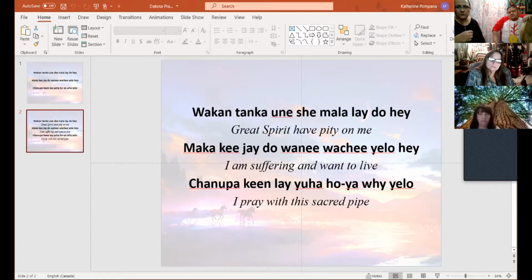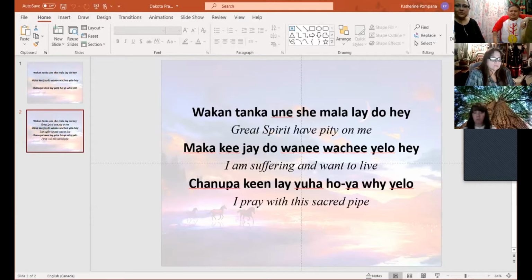We use our own mixture, kinnikinnick, red willow bark, and a few other things that we put in there, because we don't like to smoke the commercial tobacco. We'll accept commercial tobacco, but we use that for offerings. But we'll actually smoke our own blend. But that's what that means, I pray with this sacred pipe.